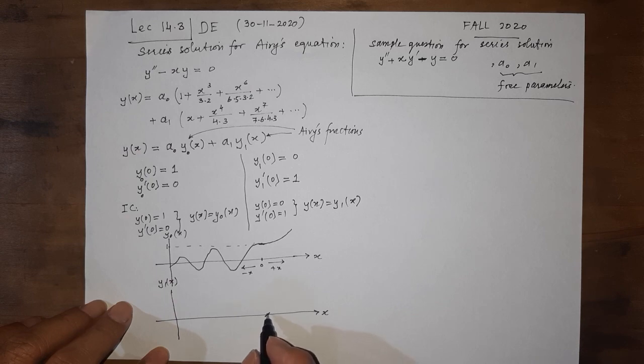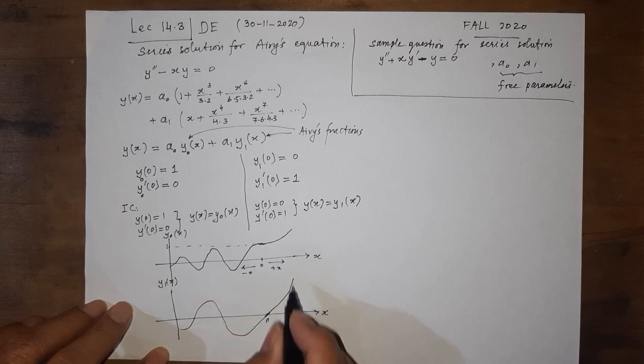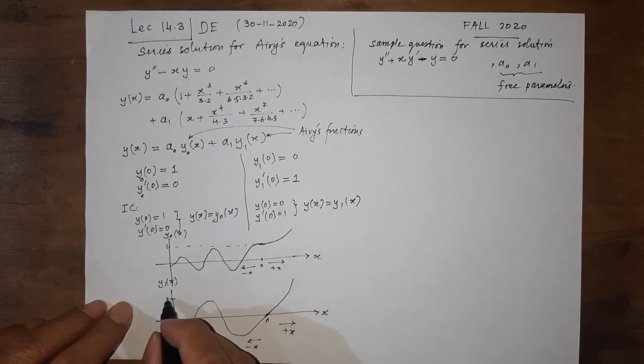And for this one it is something similar. We get something like this, and so for positive x it has such a nature which is not oscillatory, and for negative x it is oscillatory here as well. So that's very interesting.